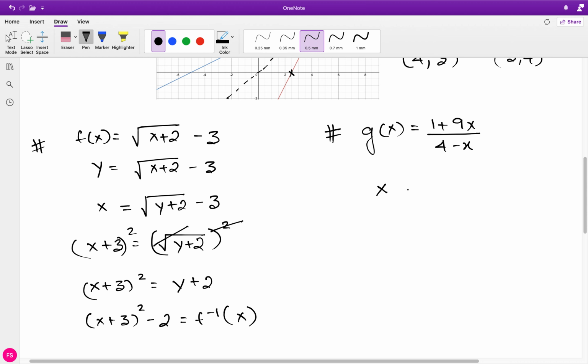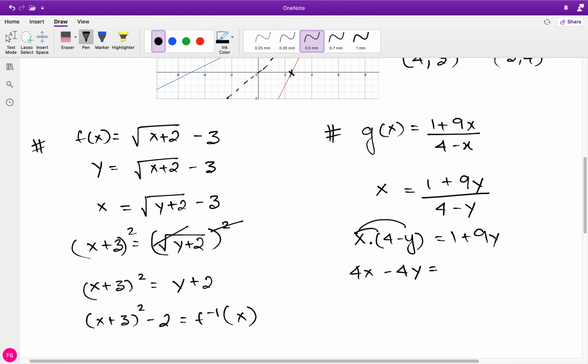So this is going to be the x, and these x's are going to be the new y's. So 9y over 4 minus y, and then you can cross multiply. So you will have x times 4 minus y, and that equals 1 plus 9y. Then I'm going to expand this, and I will have 4x minus 4y, sorry, this is not 4y, this is xy. Let me just erase it, and I'm going to write xy.